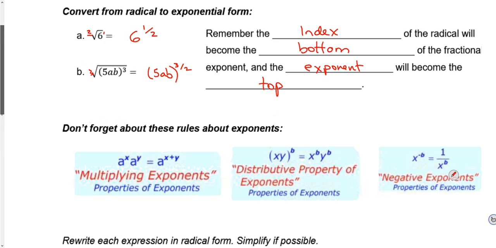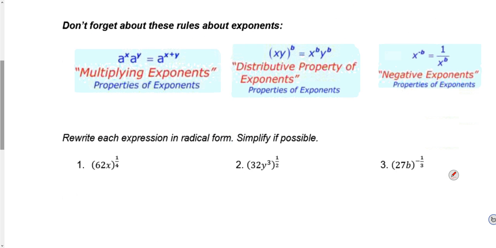But these are the 3 main rules you're going to have to know when we work with these things. You're going to have to know that when you multiply 2 things together, you just add their exponents. In your assignment, they're going to be fractions, but that's not an issue because you can just type the fractions in the calculator. You need to know that when you have multiple things in parentheses, that exponent distributes to every exponent that's on the inside.